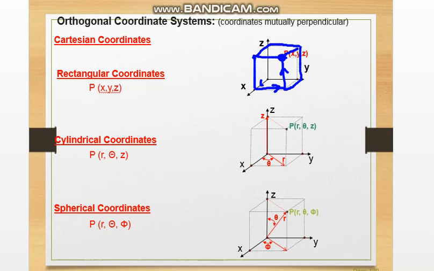So the first orthogonal coordinate system is the rectangular coordinate system. That means it is the shape of a rectangle, and it may be a matchbox or a rectangular shaped building.